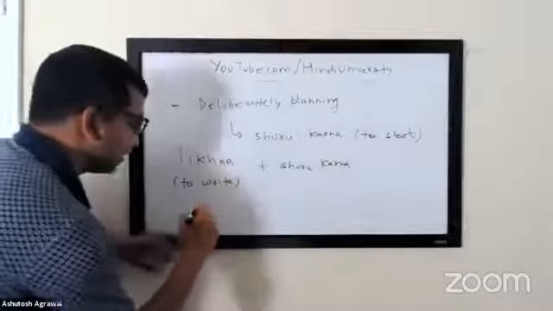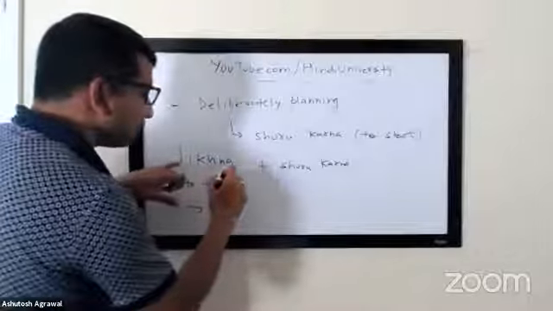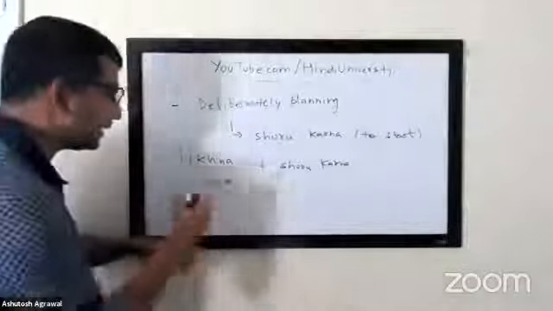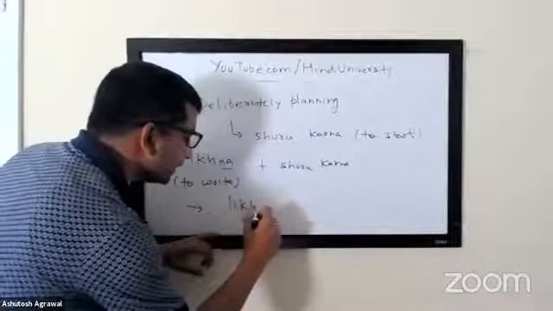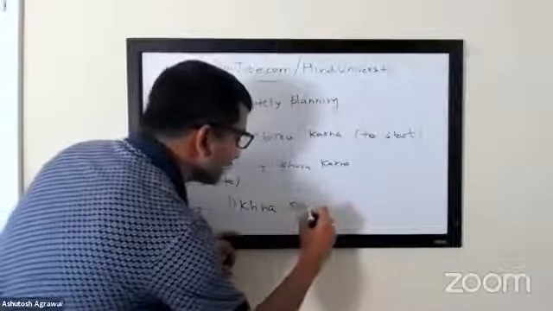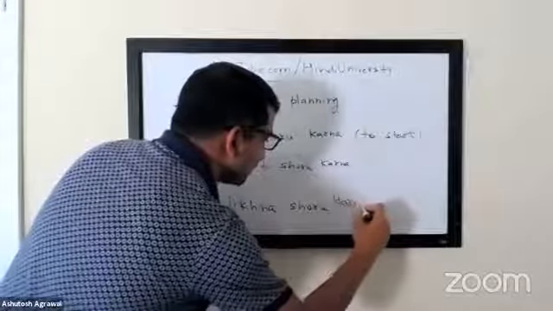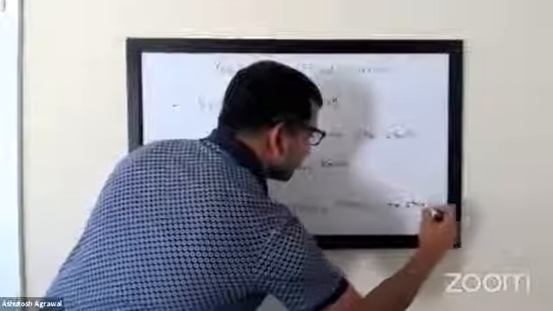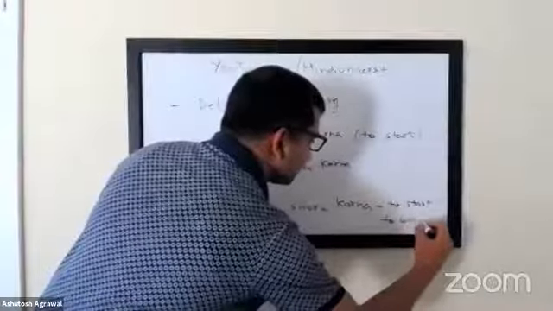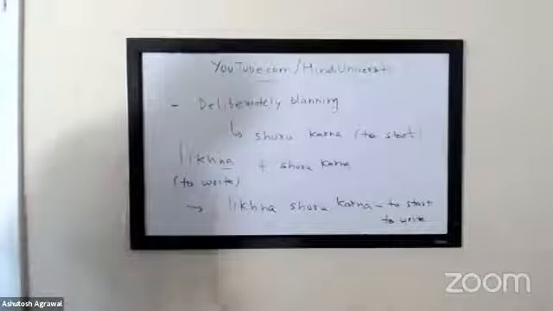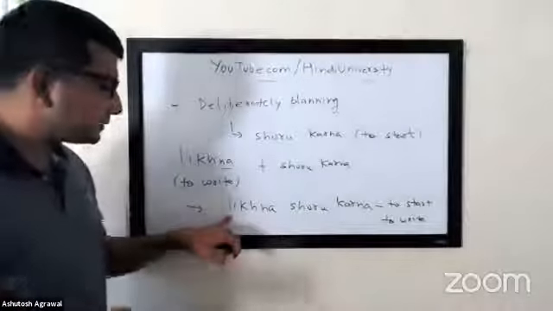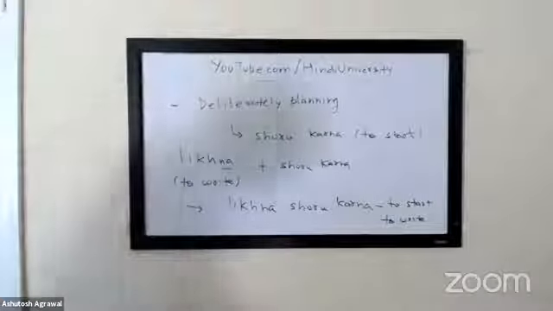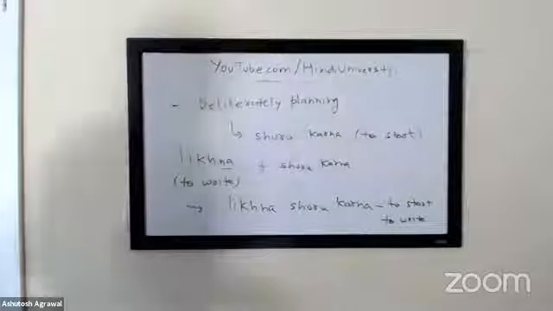So far we were changing the verb to oblique case, but when you're using shuru karna, it doesn't change. It stays in the infinitive. So likhna shuru karna, to start to write. Similarly, other examples could be dodna shuru karna, tairna shuru karna, bolna shuru karna, or padhna shuru karna.